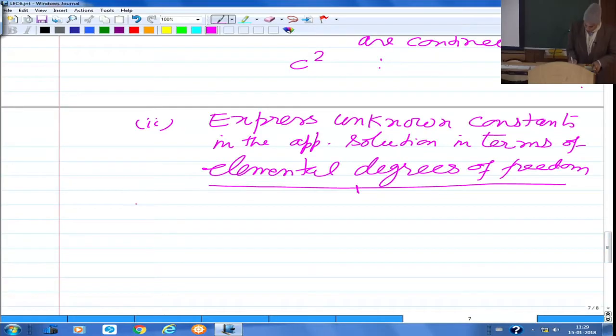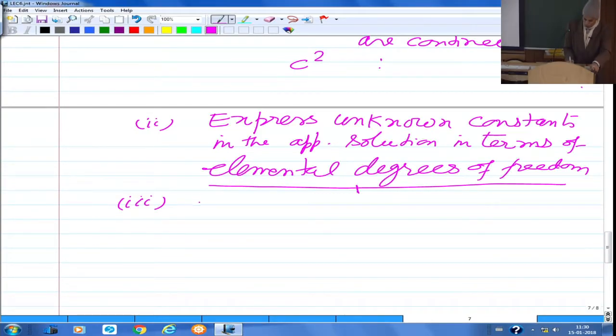So this is the second step, and the third step is, these are just the steps. We are actually going to do a lot of things using this, so you'll understand more and more. Then the third step is to convert the integral functional or weak form into a set of simultaneous equations.